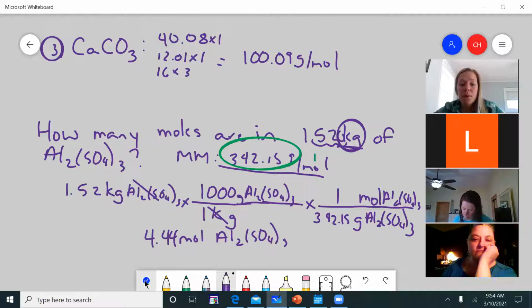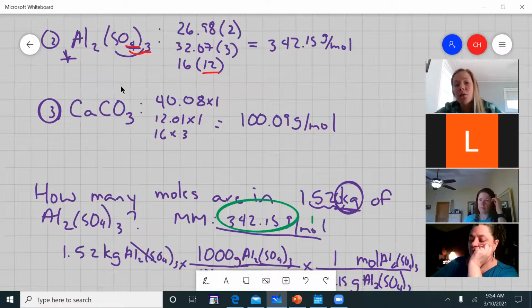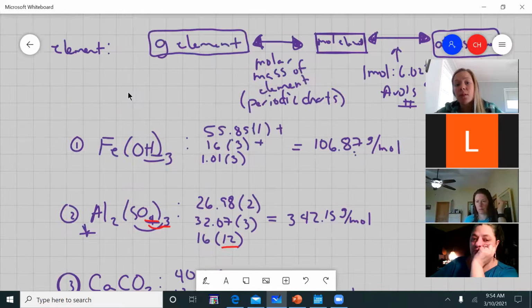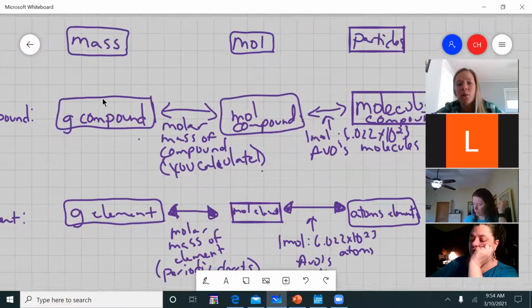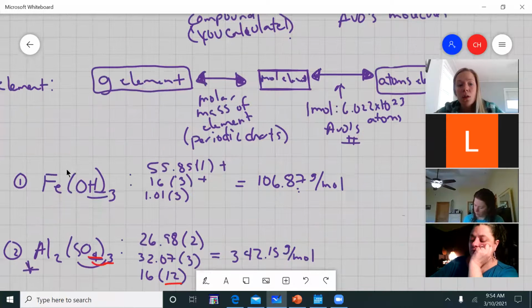Just like with the elements, can you do a multi-step? This problem had you just go from grams to moles, but could you be given grams and go to number of atoms, or number of atoms and go to grams? Definitely. We can hop through multiple steps here. So let's do that.